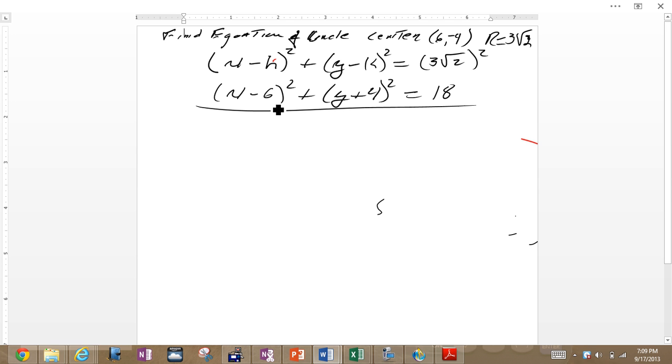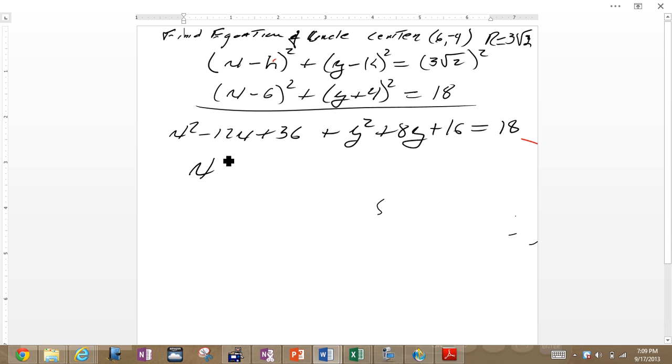Let's square (x minus 6) squared. So that's going to be x squared minus 12x plus 36. I trust we have no problems with that. Plus this quantity squared is going to be y squared plus 8y plus 16 is equal to 18. Okay, let's collect some terms together.